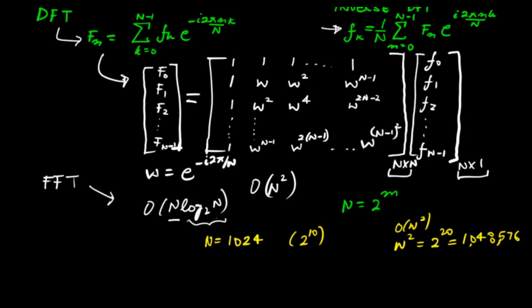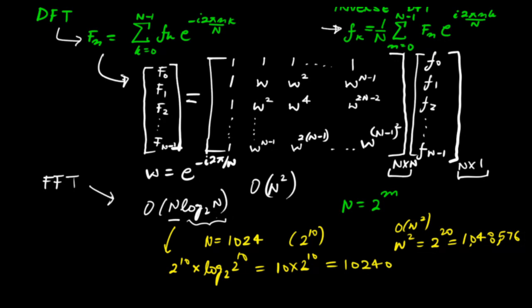Whereas the FFT requires only n log n operations, and that means we have 2 raised to power 10 times log of 2 raised to power 10, and because we have this logarithm with base 2, this is equal to 10 times 2 raised to power 10, and that is only 10240 operations.